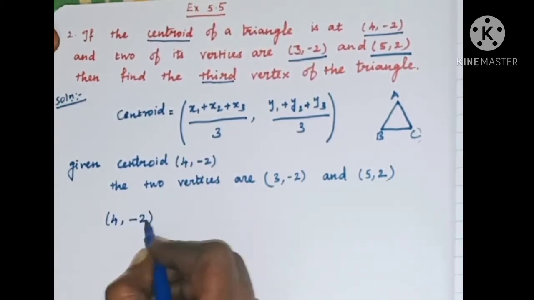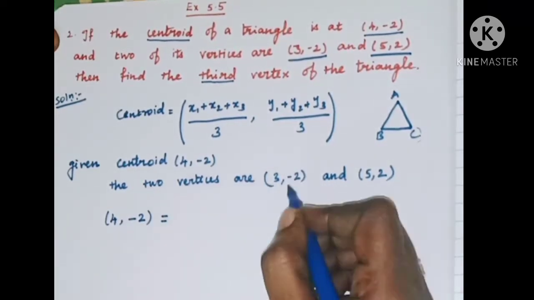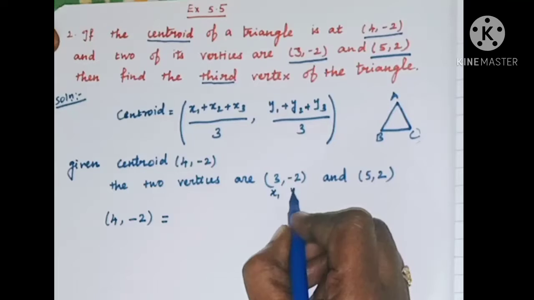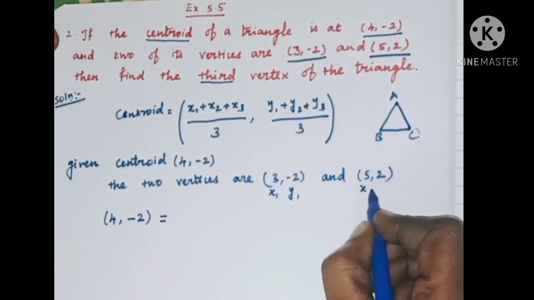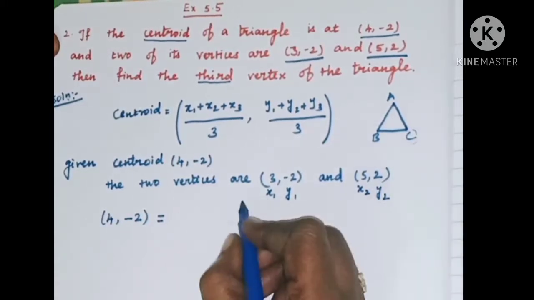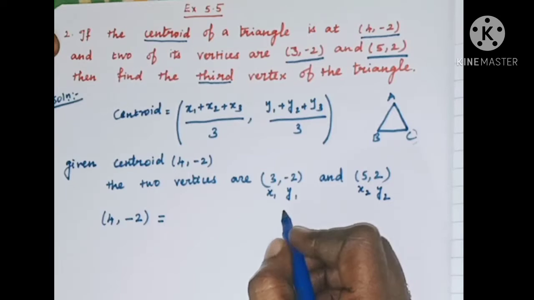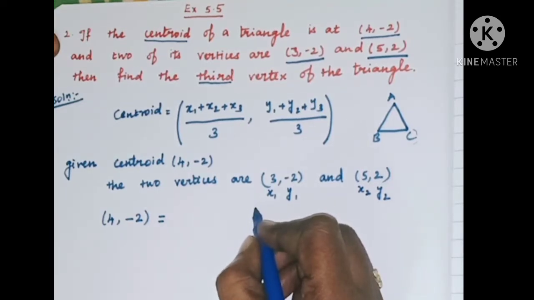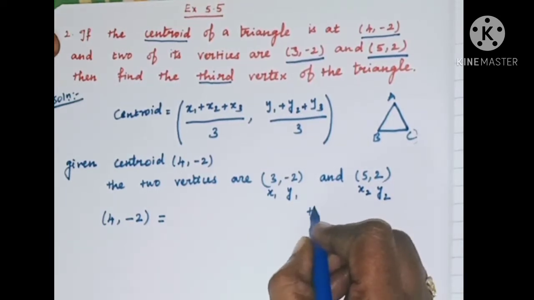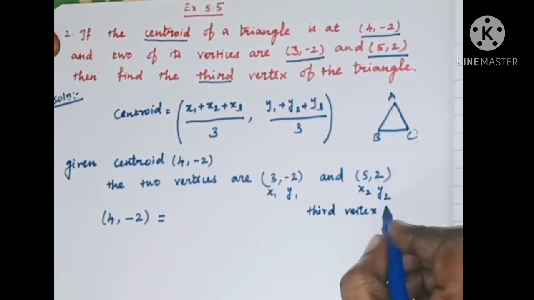Here the two vertices are given: take this point as x1, y1 and take this point as x2, y2, and let us take the third vertex as x, y.